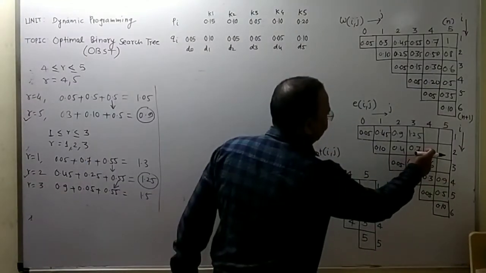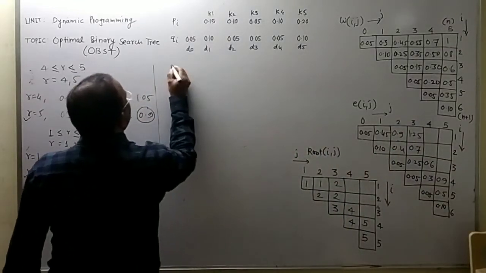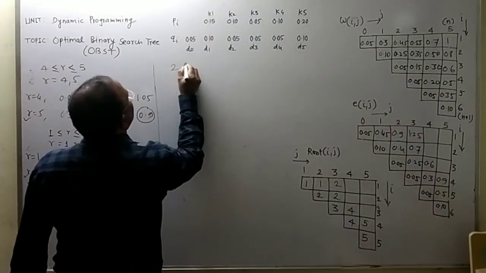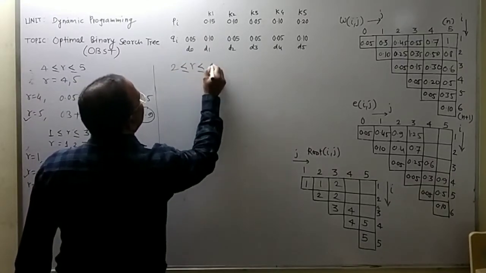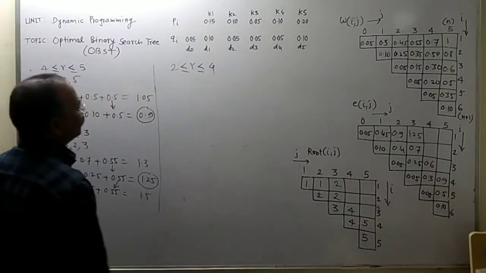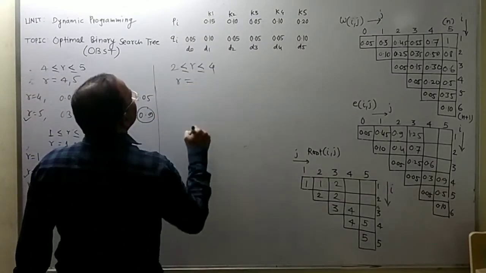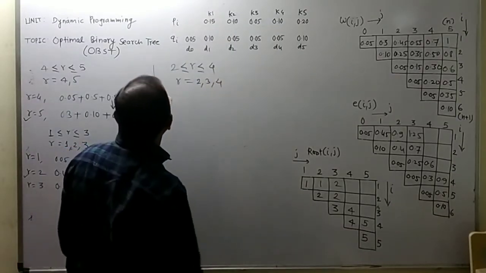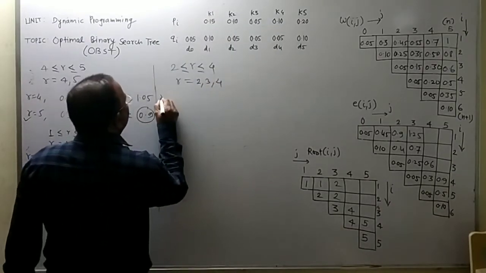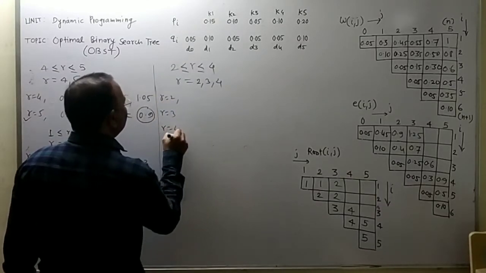Now find out the value for this cell, 2, 4 cell. 2 less than equal to r less than equal to 4. R is equal to 2, 3 and 4.